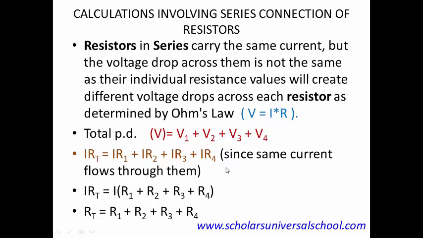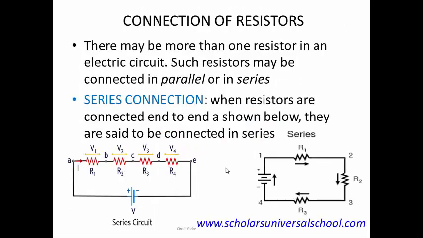Now, when we have resistors in series, there are some vital points we should know before we go into calculations. It is observed that you have the same current flowing through each and every one of those resistors. The current flowing through this resistor R1 is the same current that will flow through this resistor R2.